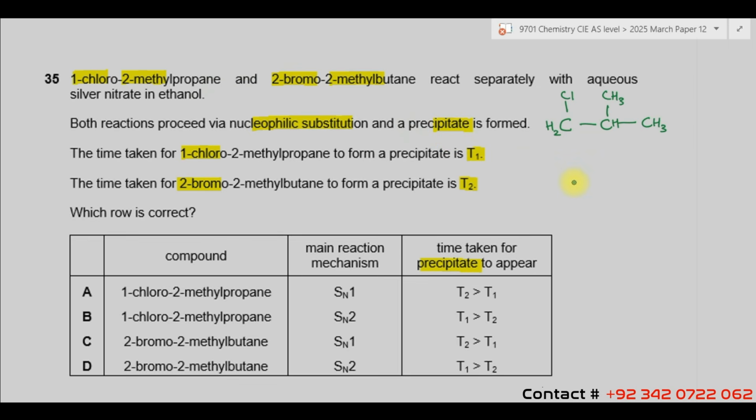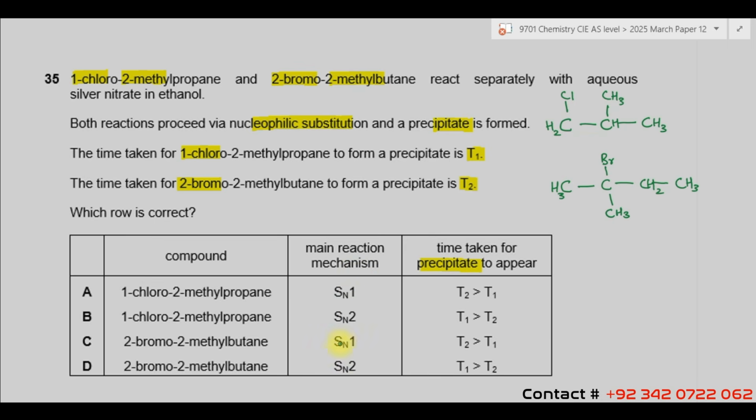Second one is 2-bromo-2-methylbutane. On second carbon we have bromine. On second carbon we have methyl, and it is butane. Alright, so let's see which one follows which reaction mechanism.